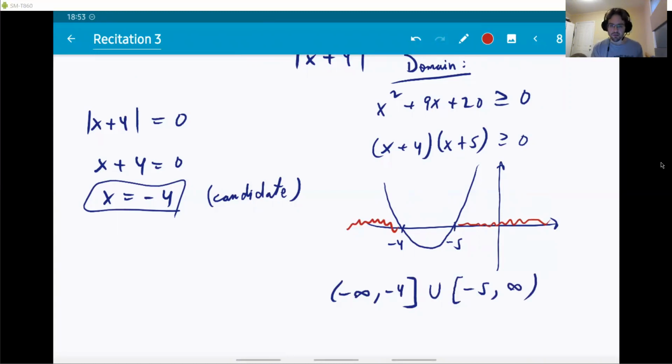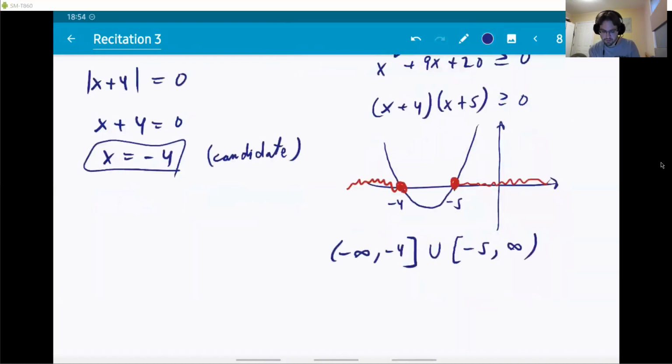So as remarked, possible places for vertical asymptotes are the places where the domain kind of stops, places bordering the domain of the function, except that it's actually well defined in this place. We are including the numbers minus 4 and minus 5. So there will not be an infinite limit for the square root function, at least for these numbers. There are no problems there. So we should just say no candidates come from here.